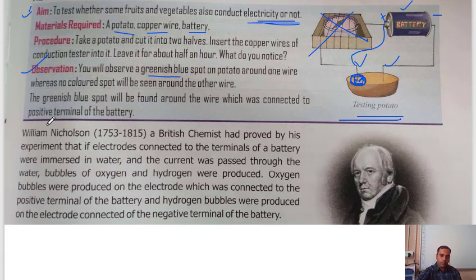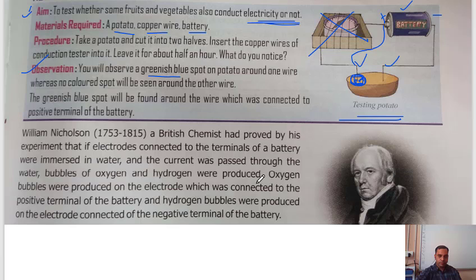William Nicholson, 1753 to 1815, a British chemist, had proved by his experiment that if electrodes connected to the terminals of a battery were immersed in water and the current was passed through the water, bubbles of oxygen and hydrogen were produced.